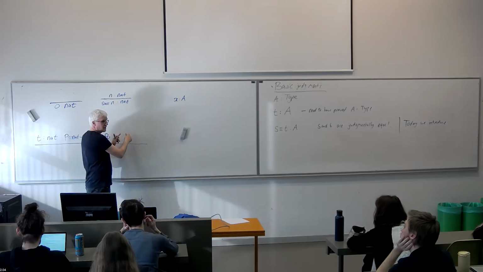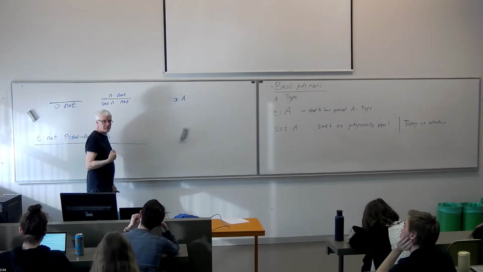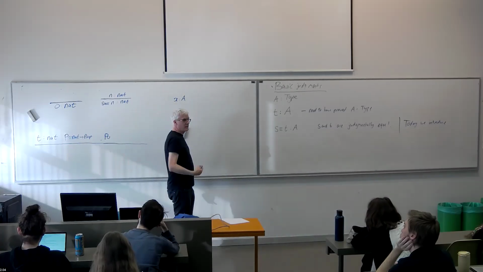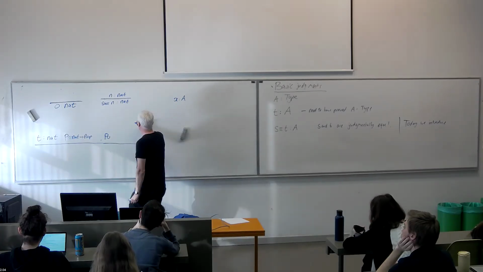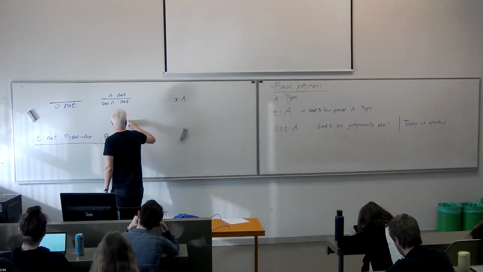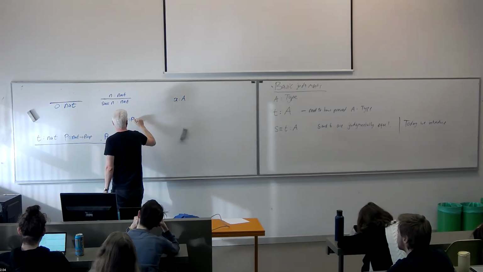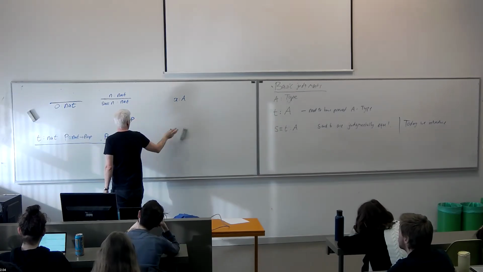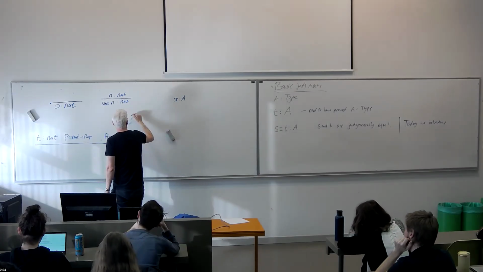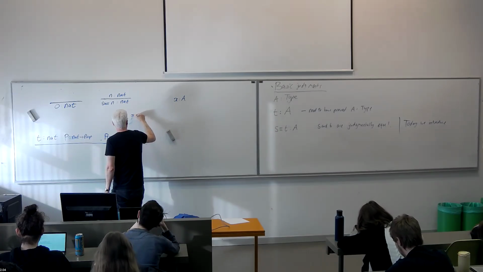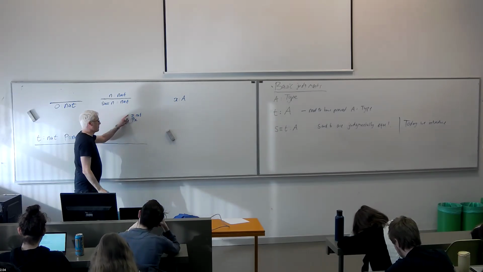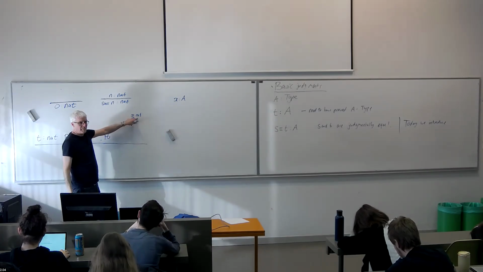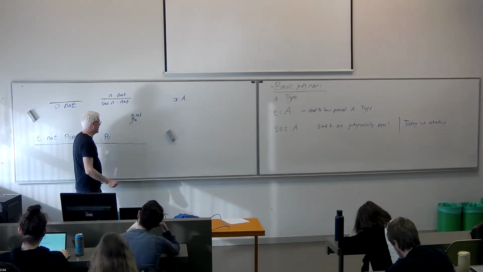So now we use an assumption, because the usual induction step is: assume P holds for x and prove it for x plus 1. So on the assumption that x is a natural number and P holds, we need to make two assumptions here, because we assume we have a natural number x such that P holds for x.